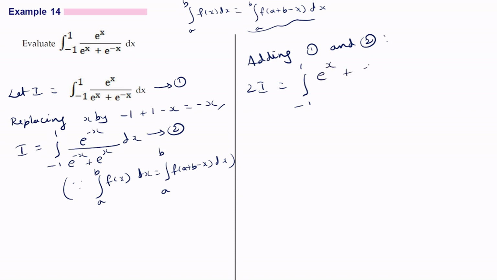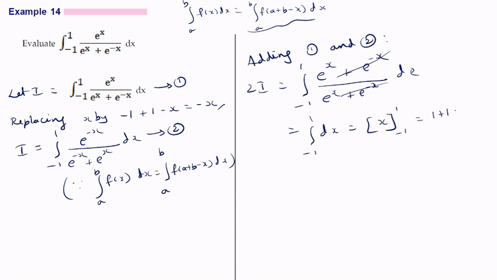It will be e raised to x plus e raised to minus x upon e raised to x plus e raised to minus x dx. So these two will go, and we are left with integral -1 to 1 dx. It is x with the limits -1 to 1, so it is 1 plus 1, which is 2. We get 2I as 2, so I is equal to 1. Therefore, the value of this given integral is 1.